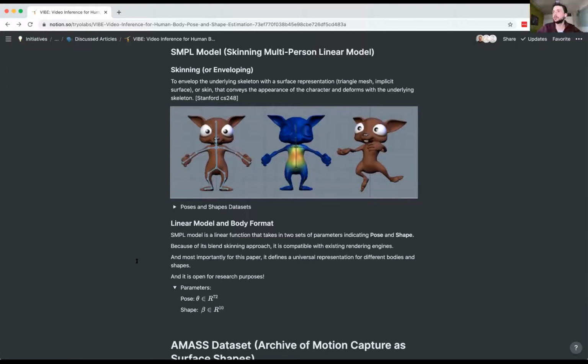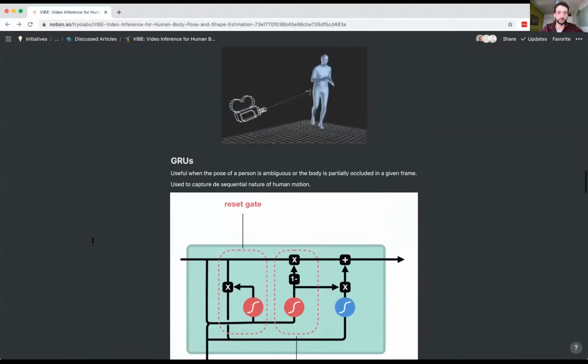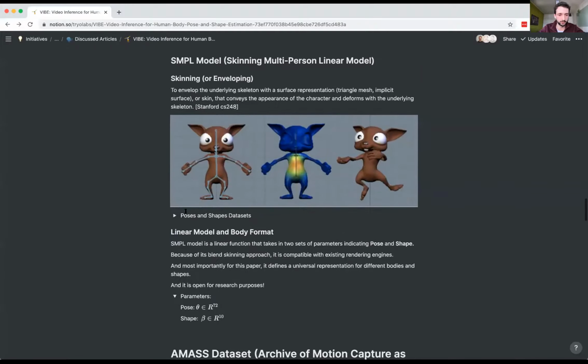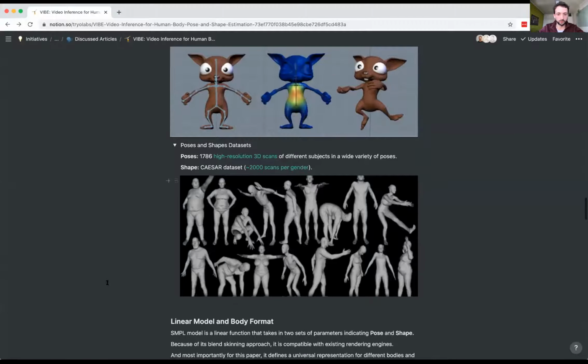So what they do with the linear regressor, it's not actually like measurements, but deformations that you want to give to the significant parts of the body that move according to the data set that you had. So it'll give, this is like the 3D scans.